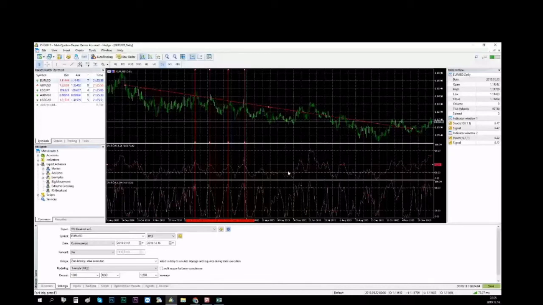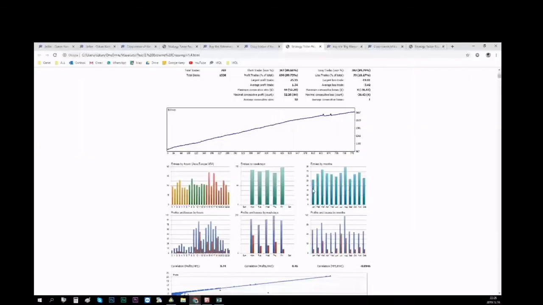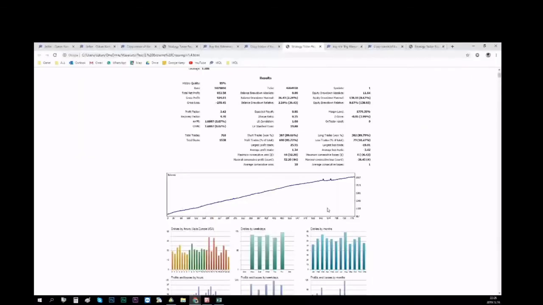So let's look at its history here. This is just for euro dollar. I just tested it in backtest. I don't really look at backtests because I don't like them so much, but it gives us a little information about how the trades are going.